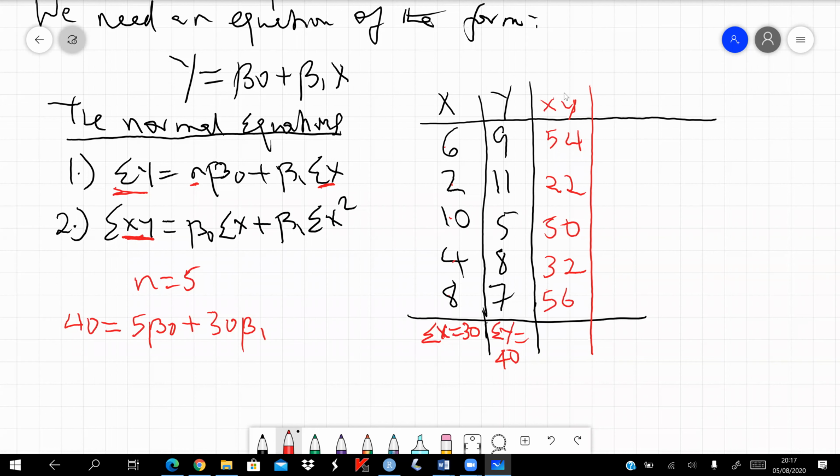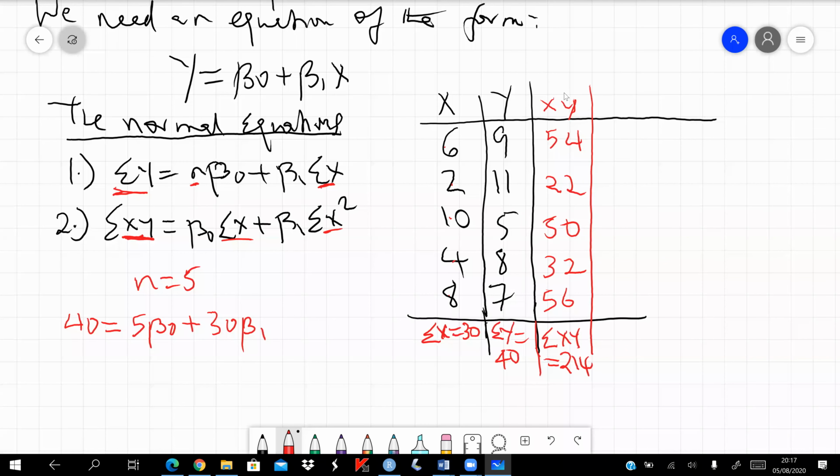We need summation of XY. 214. 214, correct. Thank you.